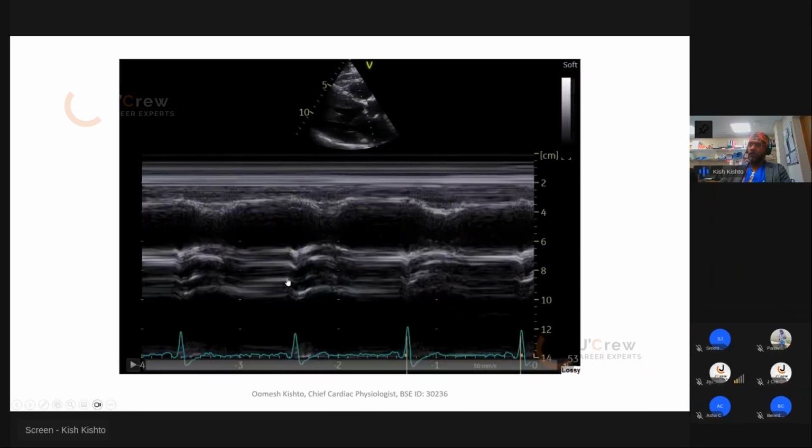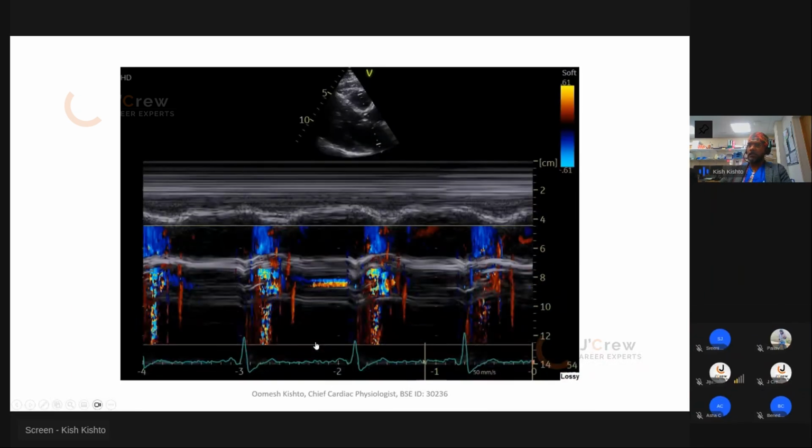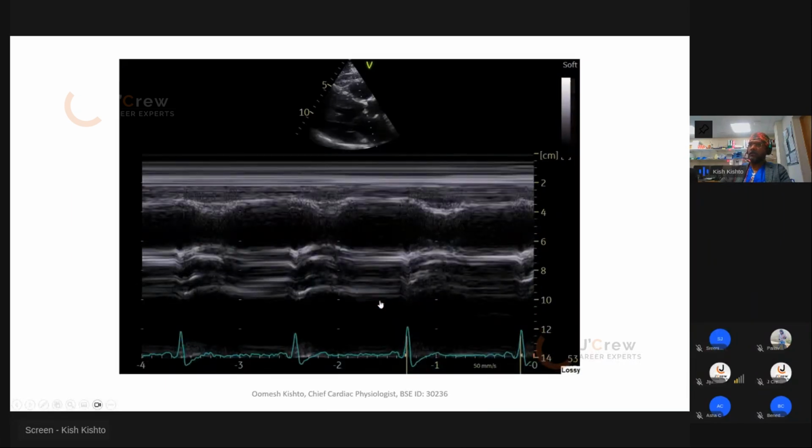And you do one without as well, so when you do the color, you appreciate how well or how not well the valve is open with the color profile. That's something you just get used to.